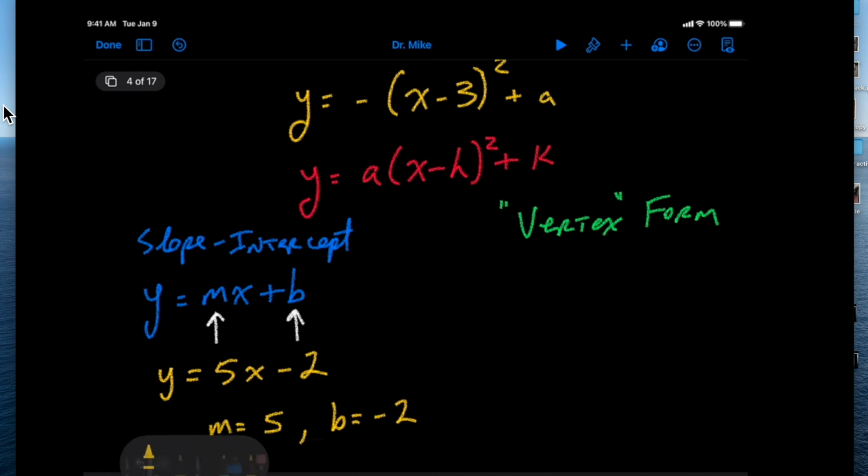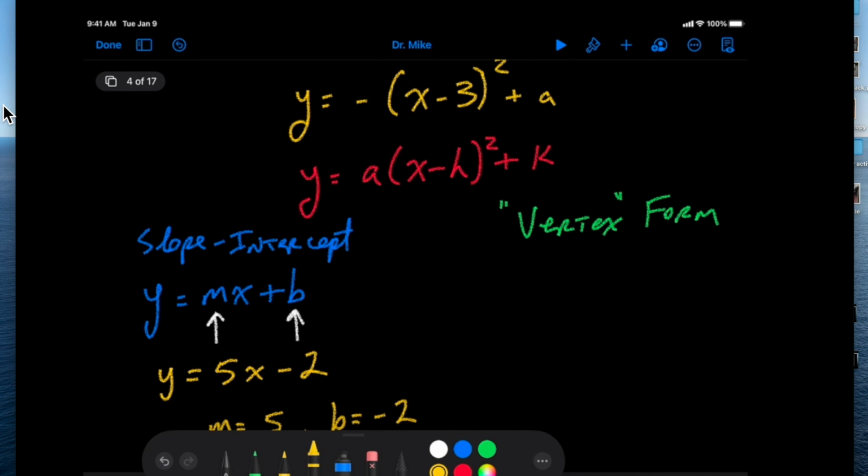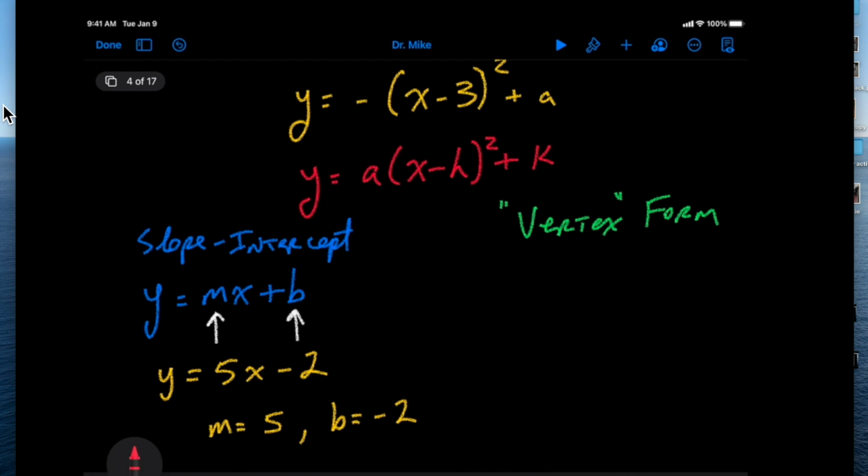So let's do that. We are looking for the vertex. The vertex is going to be hk. The way I like to do this is, because of this negative sign in the generic formula, I put a circle around the integer and the sign in the formula they give you.